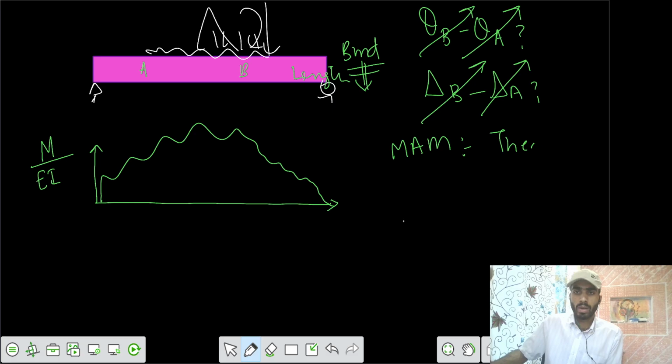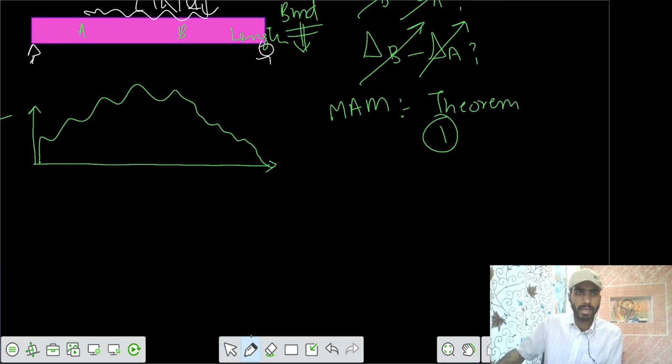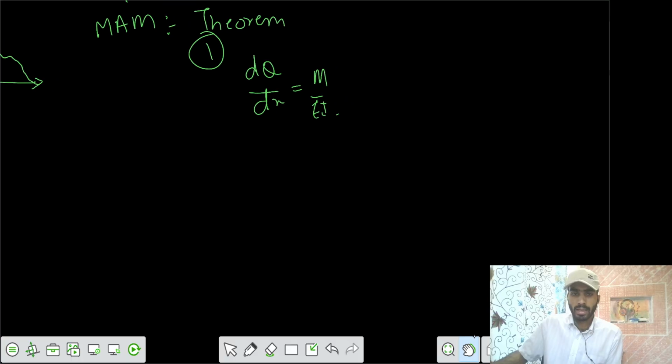Your theorem number one says that let's say you go to a point x, you take a strip dx, you have that d theta by dx equals M by EI. Let's say you have that d theta equals M by EI into dx.